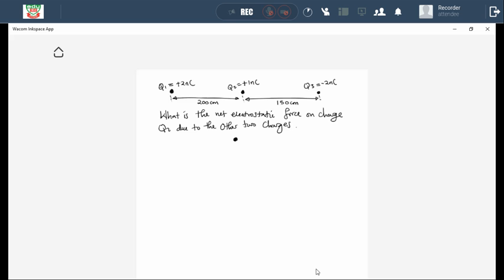Now I look at the relationship between Q1 and Q2. They are both positive charges. They repel each other. In other words, Q1 is going to be pushed to the left because this is repulsion, and Q2 is going to be pushed to the right. You understand that? So our focus is not on Q1. We worry less about the behavior of Q1. We focus on what Q1 is doing to Q2.